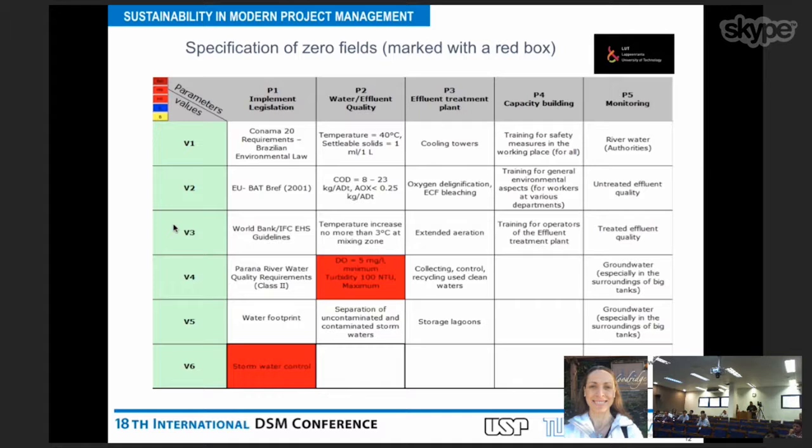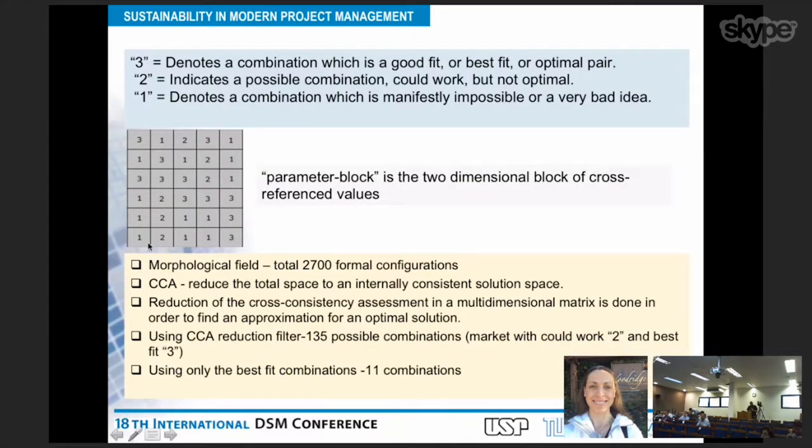So when we have this inconsistency of these combinations that can give us a 0 value, we reduce this, and the idea is to keep only the best combinations that has the number 3s.